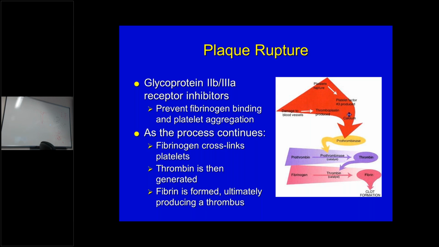But the platelets aren't going to form a significant clot until there's fibrin involved, right? So you get this cascade where you got prothrombin to thrombin, then the thrombin acts as a catalyst to turn fibrinogen into fibrin. And when that fibrin is formed, that's when those platelets really start to bind together and you have a clot.